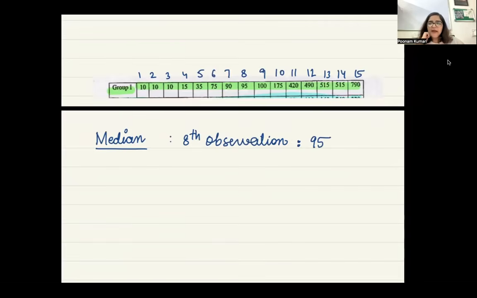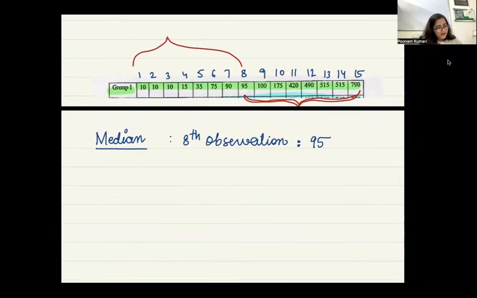I have to divide my data into lower half and upper half, right? What will be lower half and upper half? If the data is odd, what should you do? From 1 to 8 and 8 to 15 plus 1 upon 2. 15. 8. So this will be my lower fourth and this will be my upper fourth, right? Yes or no? Yes. This eighth observation will be included in both, right?